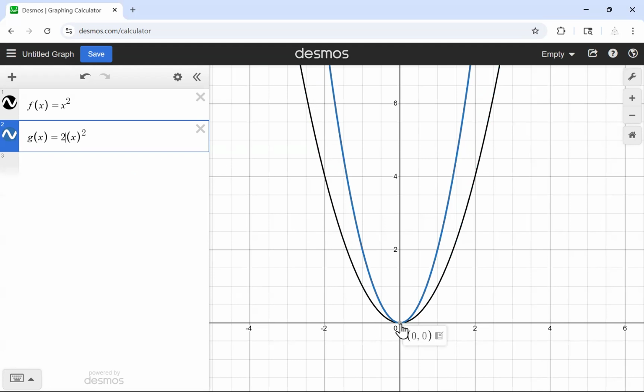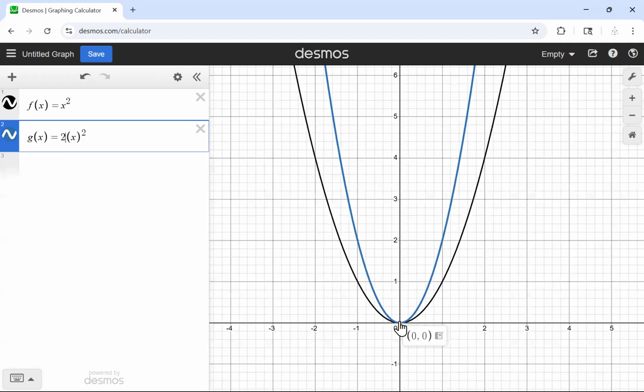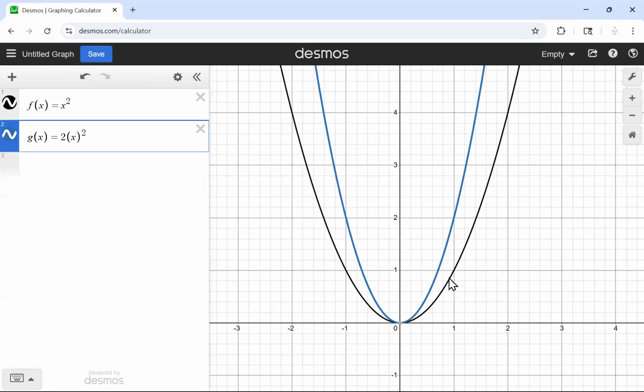So what I've done is I've taken every single point on my parabola, like the point 1, 1, and I vertically stretched that out. So now that point 1, 1 has doubled its y value, so the point 1, 1 is now the point 1, 2.